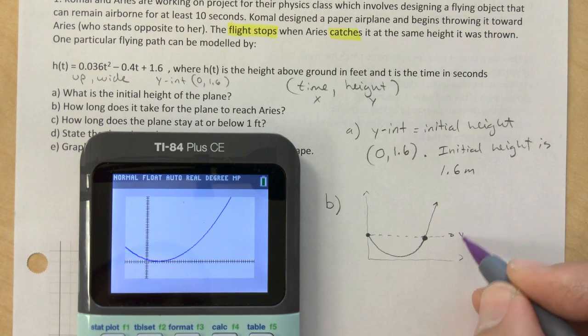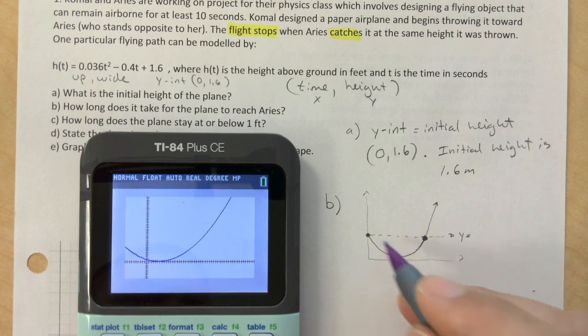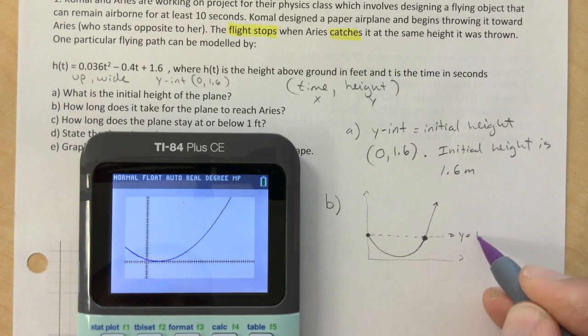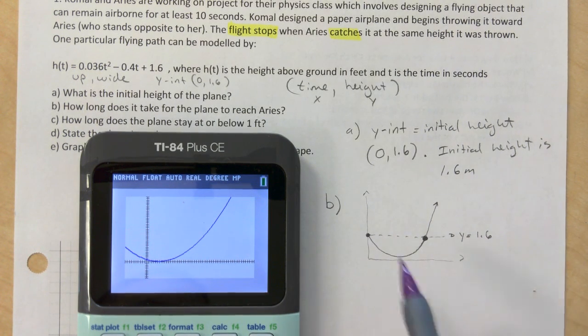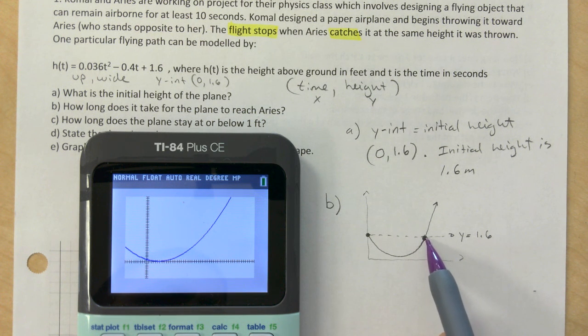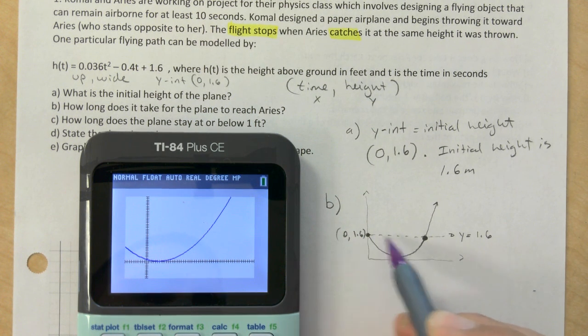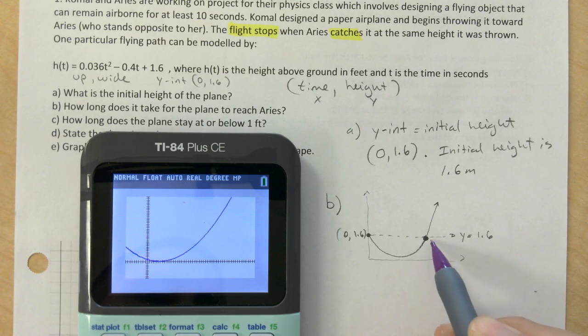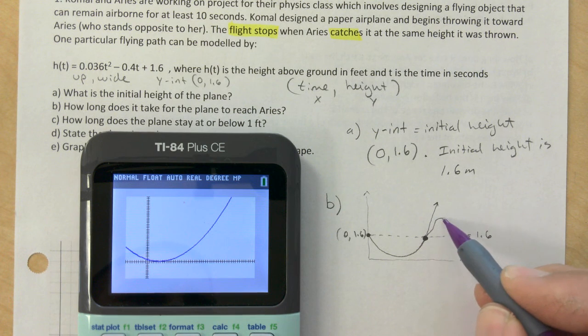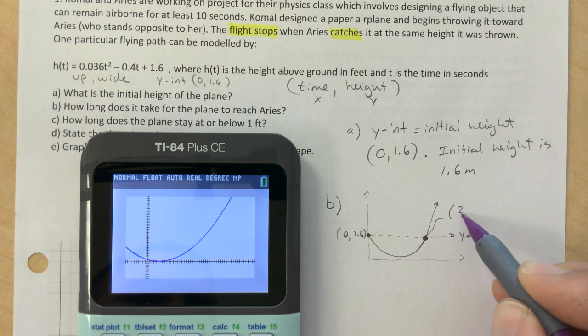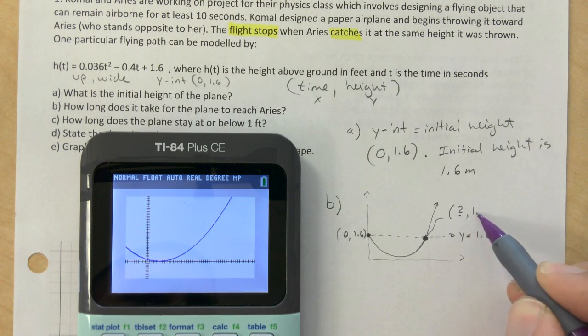We know that this is the line y = 1.6, because it gets caught at the same height as it was launched. There's a (0, 1.6) here, and it's again 1.6 here. So we just need to find the x value here. They're essentially asking, what's the x there if y is 1.6?